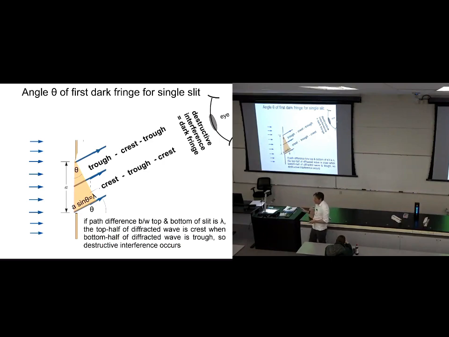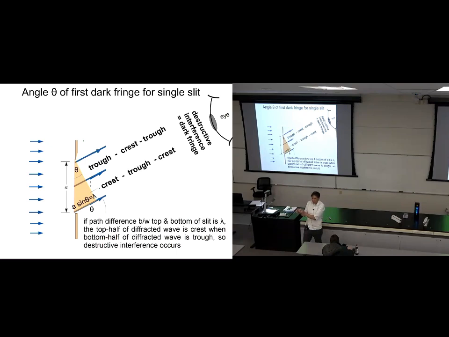This slide is to motivate or understand an equation for the dark fringes that you see when you have light passing through a single slit. So the equation that we typically use for a single slit is an equation that predicts the location of the dark fringes, and there's a pattern.